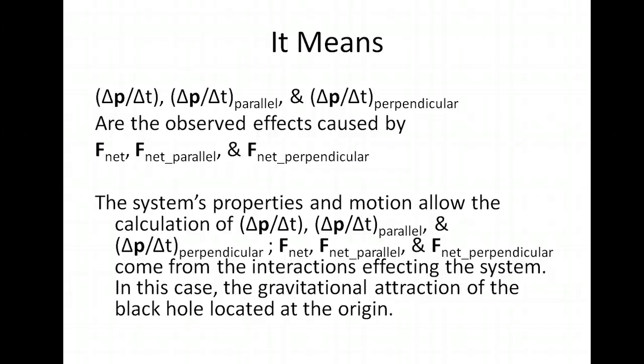Delta P over delta T and its parallel and perpendicular components are the observed effects caused by F net parallel and perpendicular. The system's properties and motion allow the calculation of delta P over delta T and its components. In this case, the cause is the gravitational attraction of the black hole located at the origin.